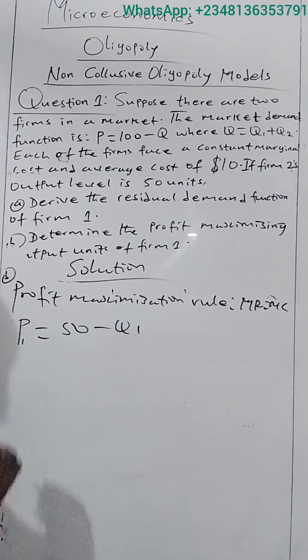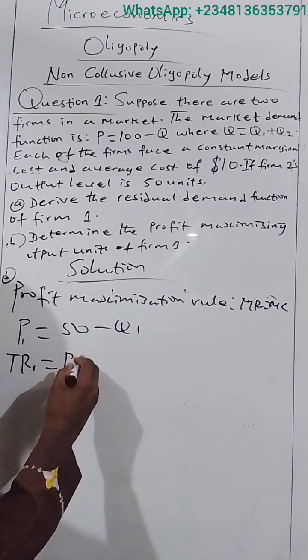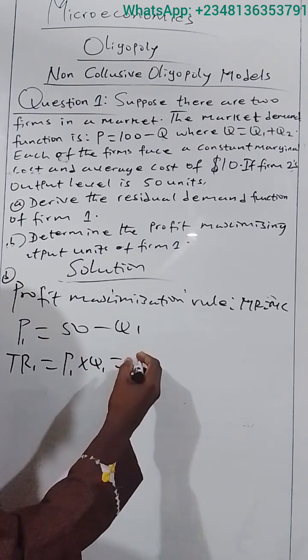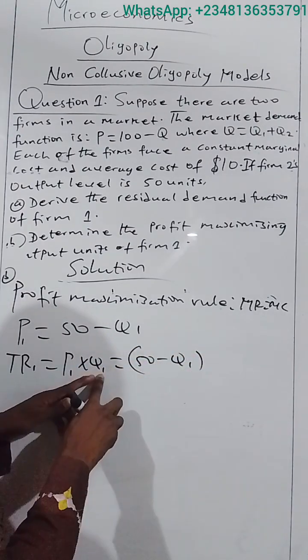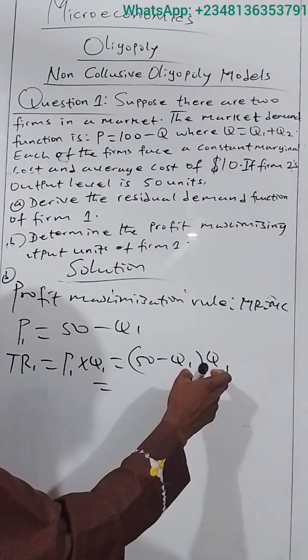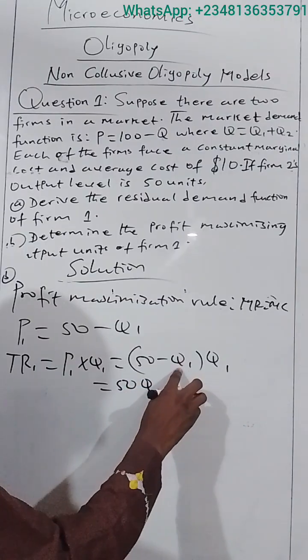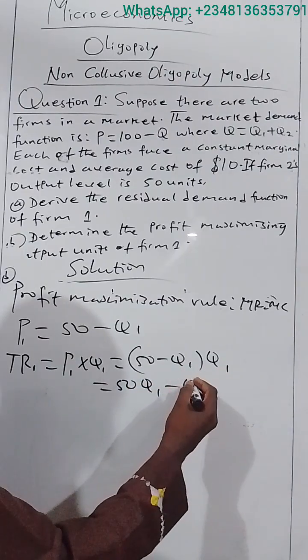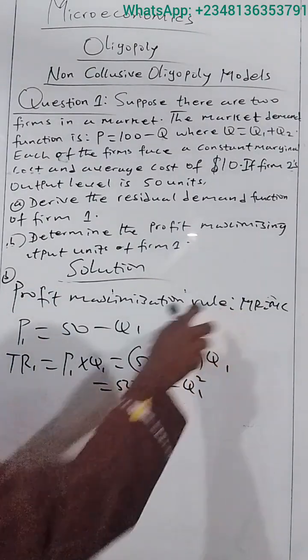So in other words, TR1 will be equal to P1 multiplied by Q1, which is equal to 50 minus Q1, then multiplied by Q1. So we have 50 Q1 minus Q1 squared. Then we can derive marginal revenue.